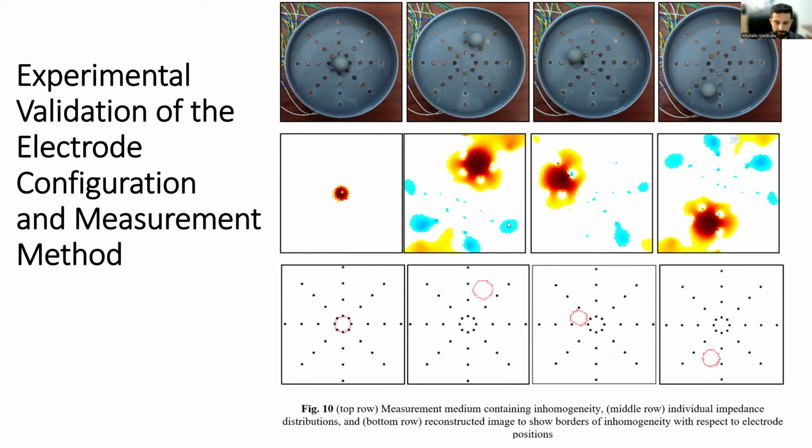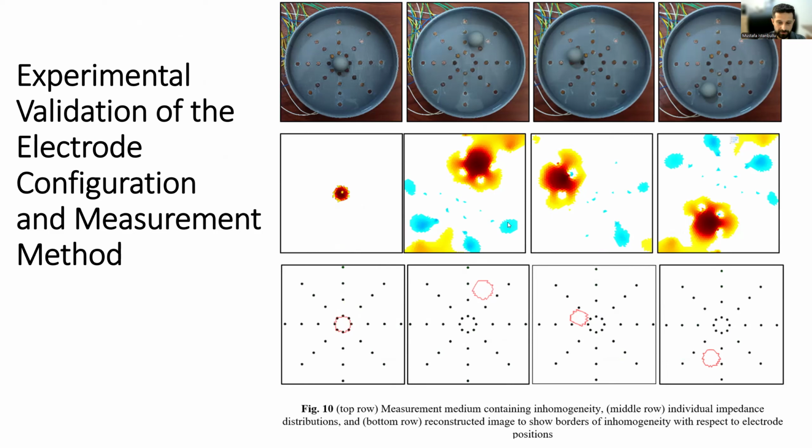Finally, labeled regions were identified and boundaries of the impedance anomalies were visually overlaid onto the original normalized image, as well as the electrode arrangements, as shown in the bottom row figures. This overlay visually verified and precisely localized impedance anomalies relative to the electrode positions.